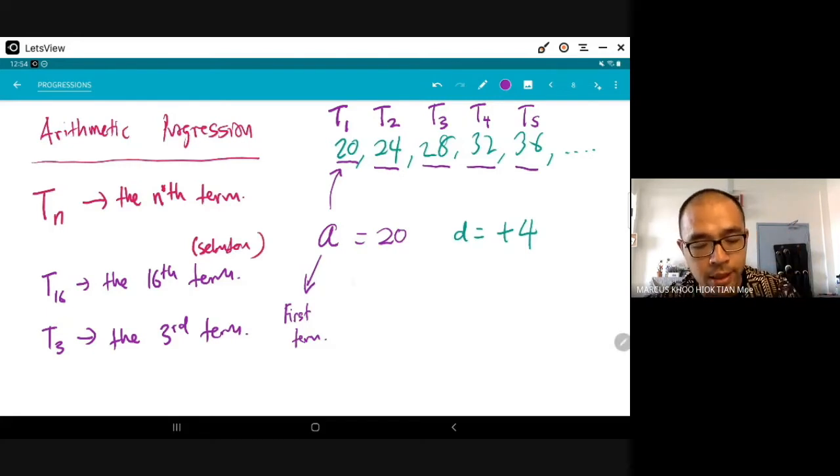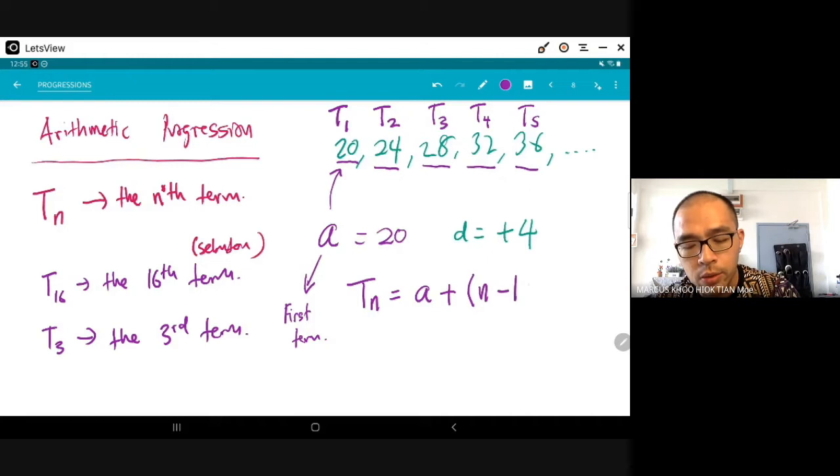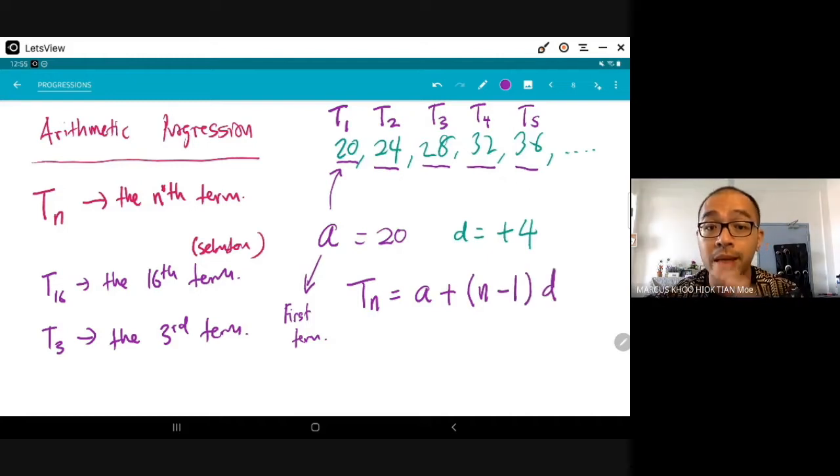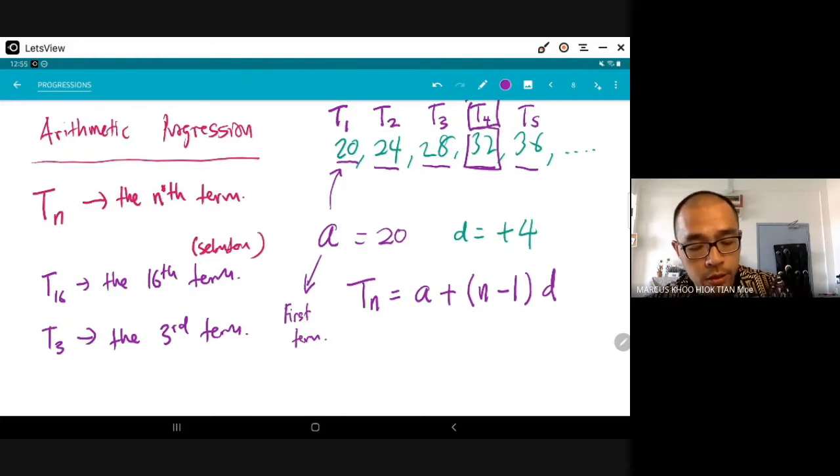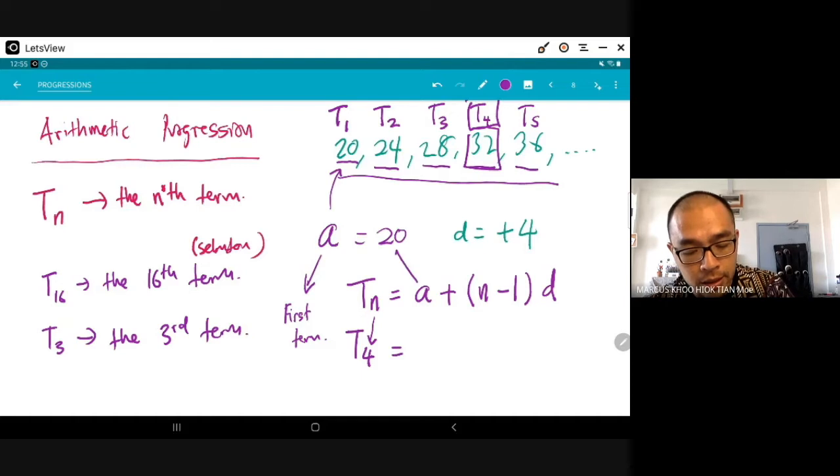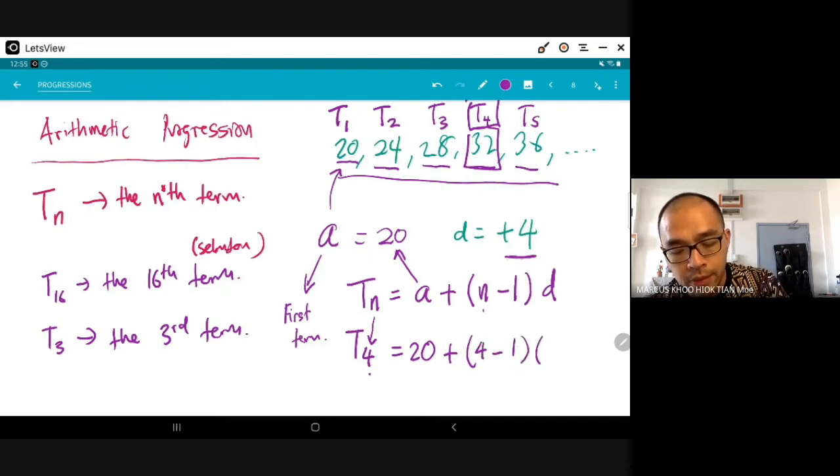The formula is: the nth term is A, the first term, plus (n minus 1) D. We just multiply. For example, let's calculate the fourth term, T4. Let's verify whether 32 is correct. For T4, my n is 4. In this progression, what is my A? A is 20, plus n, which is 4, minus 1, times positive 4.